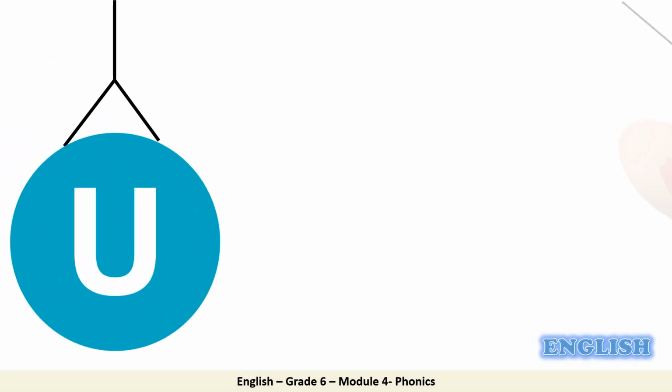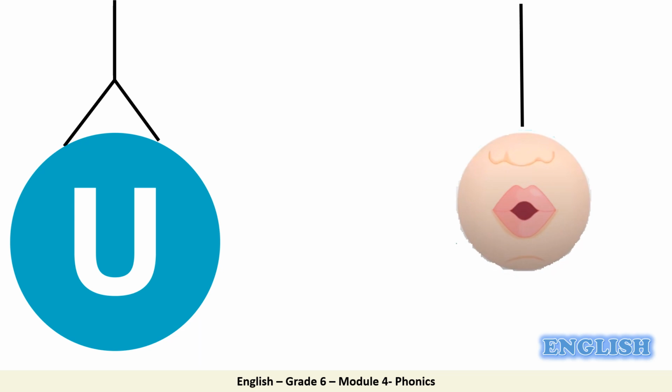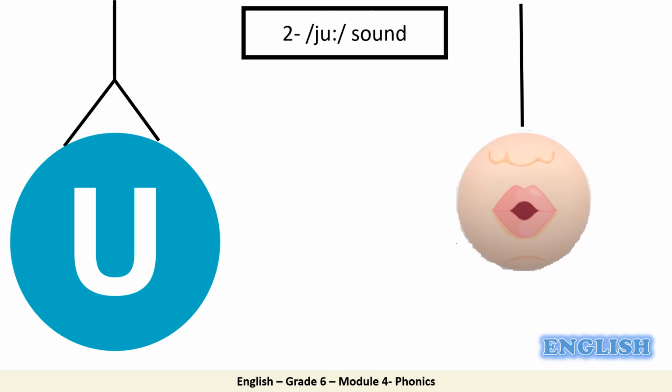All right, let's discuss the second sound we have here today in our lesson. It's the U sound. One more time, U sound. How to make the U sound? Okay, round your lips and stick them out together, and this time let the air flow out of your mouth as you make the U sound. One more time.